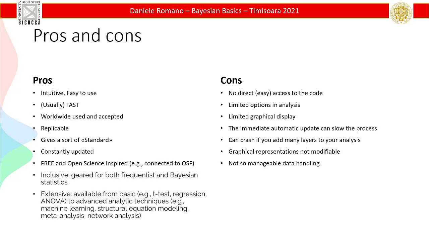It's worldwide used and accepted, so it gives a sort of standard in using and reporting, although not all the scientific community agrees with the standards, and we discussed that yesterday. We also discussed that you cannot access the code, so you cannot change stuff, and somehow it's forcing a way towards some uses.